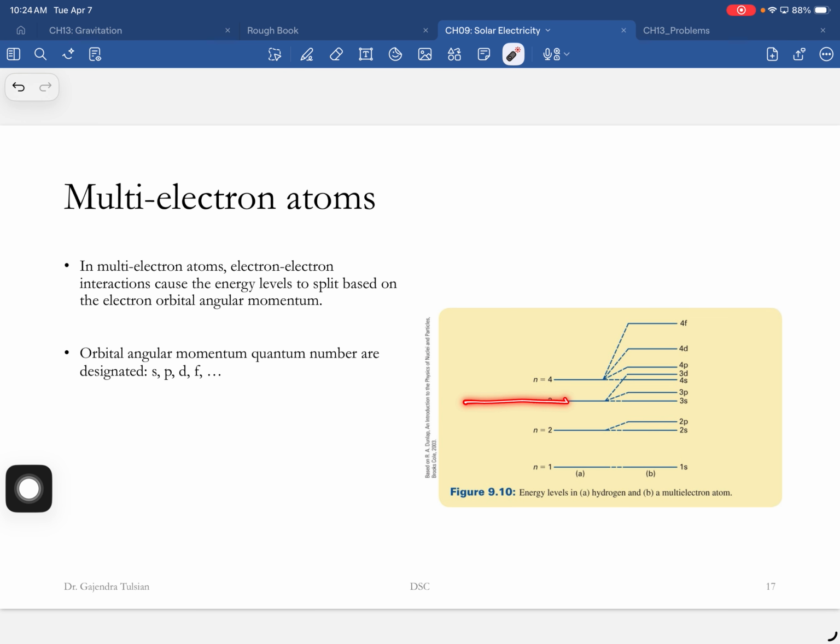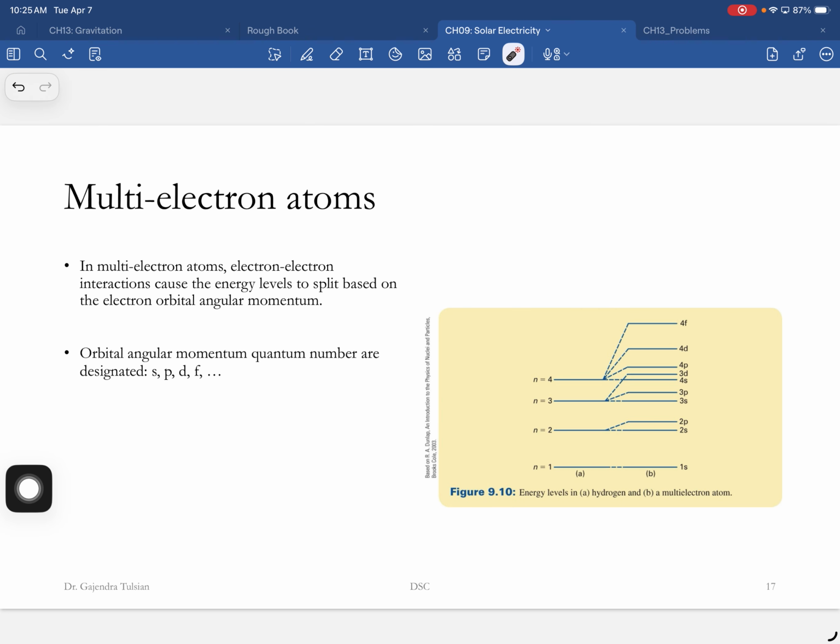So here's silicon's electronic structure. I drew this silicon atom. This is the lowest level, the 1s level, which has 2 electrons: 1s2. That's the notation.